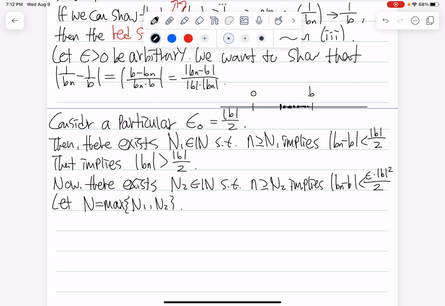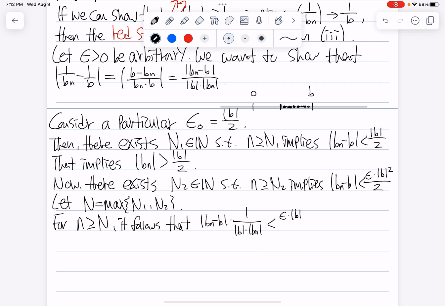Then for n greater than or equal to big N, it follows that the absolute value of bn minus b times 1 over the absolute value of b times the absolute value of bn is less than epsilon times the absolute value of b squared over 2, since this matches this, times 1 over the absolute value of b squared divided by 2.